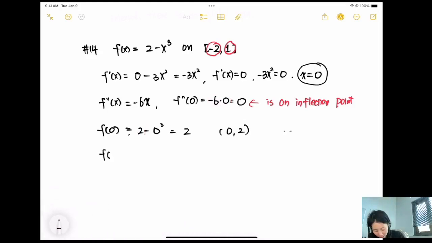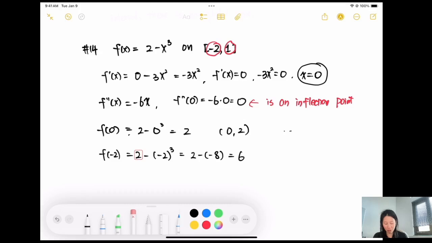So, f of -2 equals 2 minus (-2) to the third, which is -8. Oh, sorry, because you're subtracting a negative number, this gives 10.